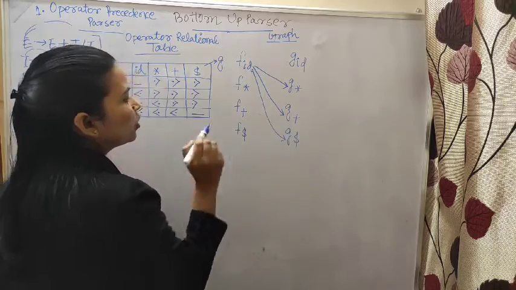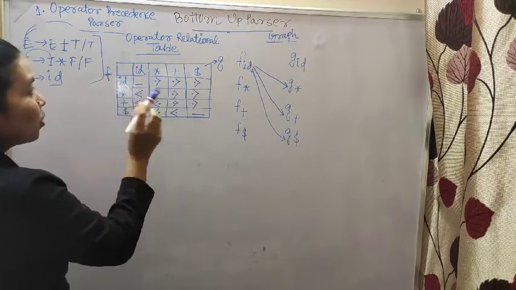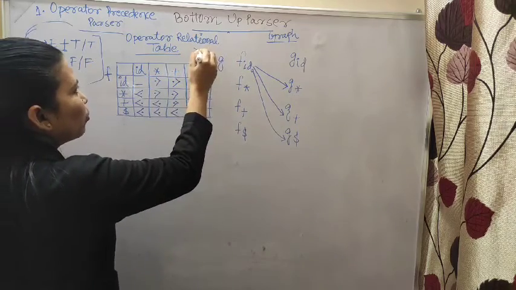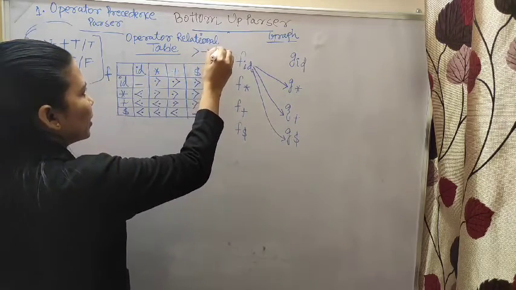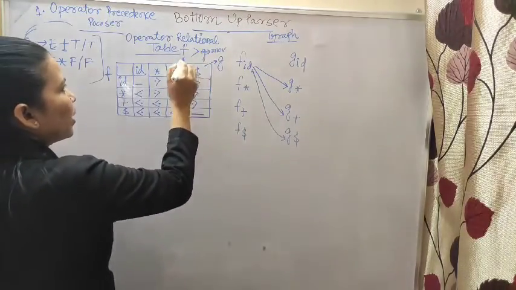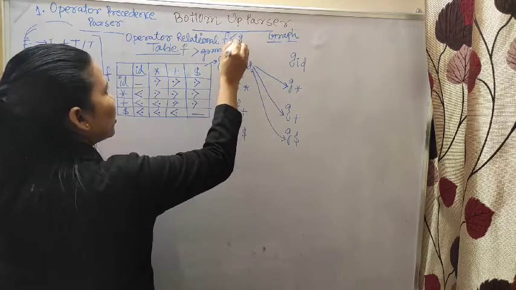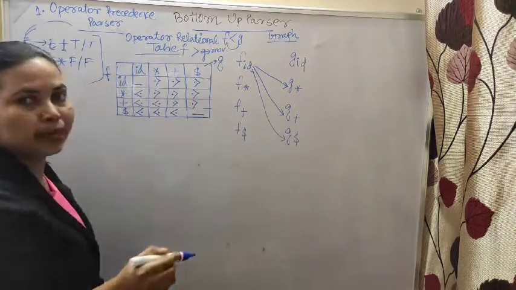Now we check F star. Listen, when greater than is given, we are moving in that direction, from F to G. And whenever less than is given, G will come to the F side.